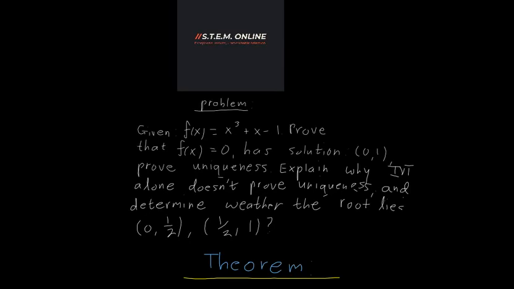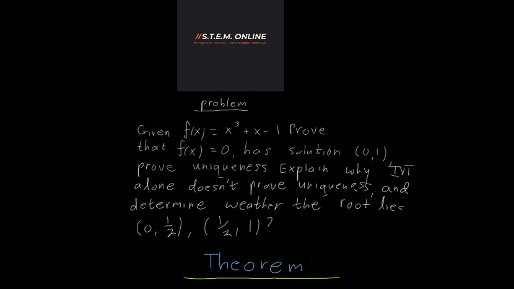A lot of you misunderstand the IVT. You think that it proves a root exists, and so if it proves that it exists, there has to be some form of uniqueness. No, this can't be further from the truth. That's not what the IVT tells us.